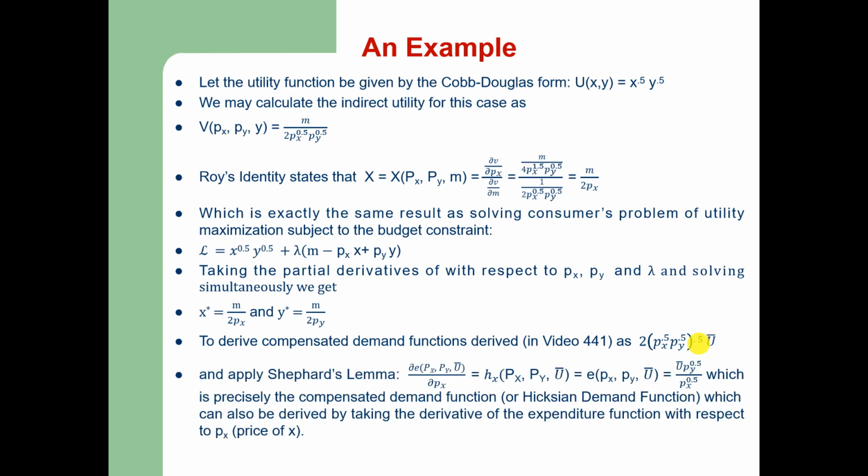We get hx, that is Hicksian demand function for x, which is a function of price of x, price of y, and constant utility, and that is equal to u bar, that is constant utility, price of y raised to the power 0.5 divided by price of x raised to the power 0.5, which is precisely the compensated demand function or Hicksian demand function, which can also be derived by taking the derivative of the expenditure function with respect to price of x.